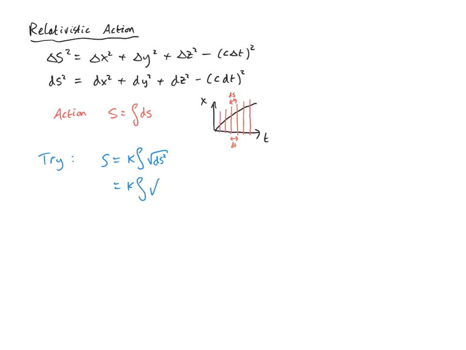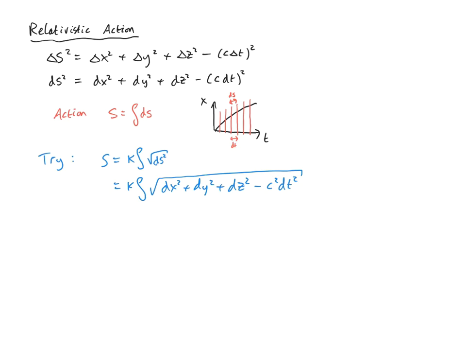So we have k times the integral of the square root of dx squared plus dy squared plus dz squared minus c squared dt squared. So all of that is square rooted.